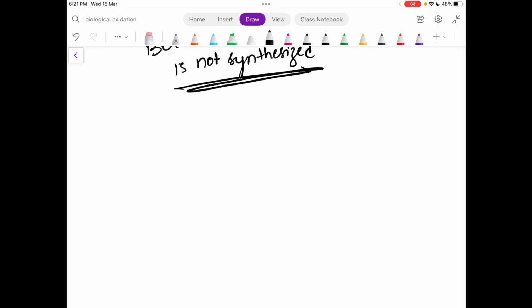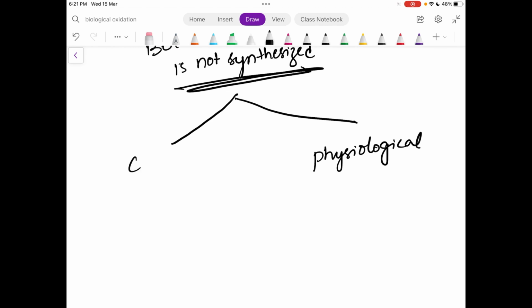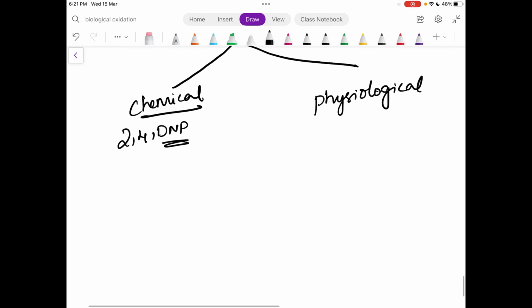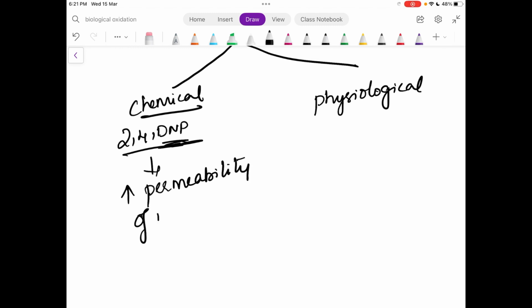These uncouplers are divided into physiological and chemical uncouplers. The chemical uncoupler is 2,4-DNP. What does 2,4-DNP do? It will increase permeability of the inner mitochondrial membrane.